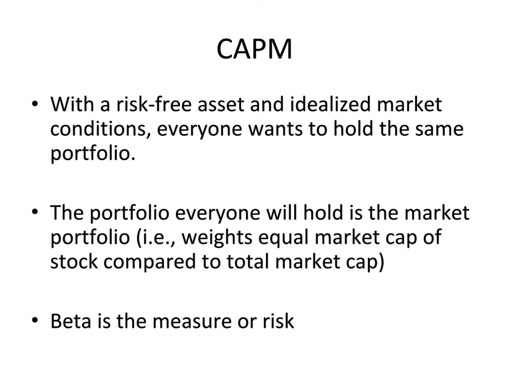And the results of CAPM are that the weights on that market portfolio equal the market cap of each stock in that portfolio. A final result is that beta is the measure of risk, and we're going to talk more in detail about beta in our next module.